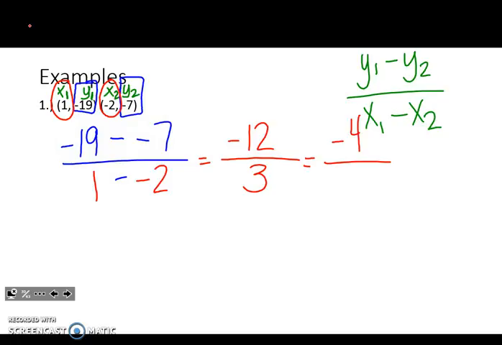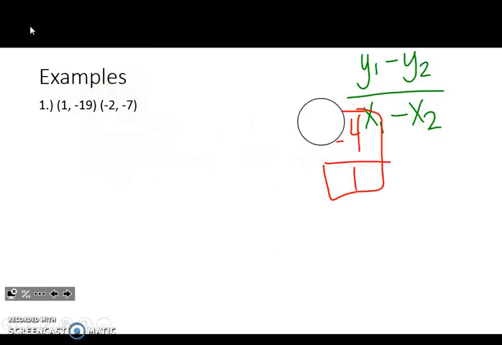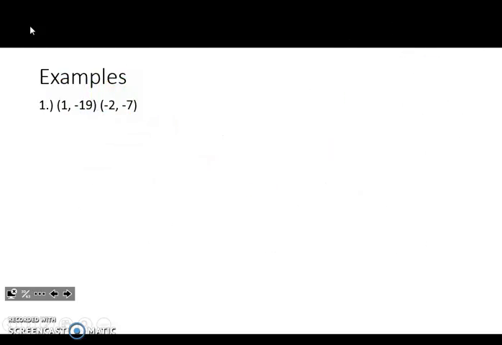So that negative 12 becomes negative 4, and that 3 becomes a 1. So we get the answer negative 4 over 1. We'll do a couple more real quick so that you can see every type of problem that you might run into.